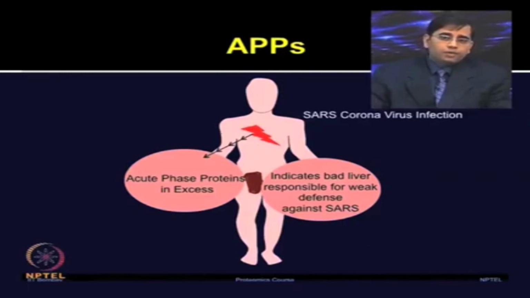The acute phase proteins found in the SARS patients suggested that the health status of the liver in these patients may affect their defense against the SARS virus infection. So, the authors were able to obtain some of this information because of the proteomic analysis of these plasma samples obtained from SARS patients.